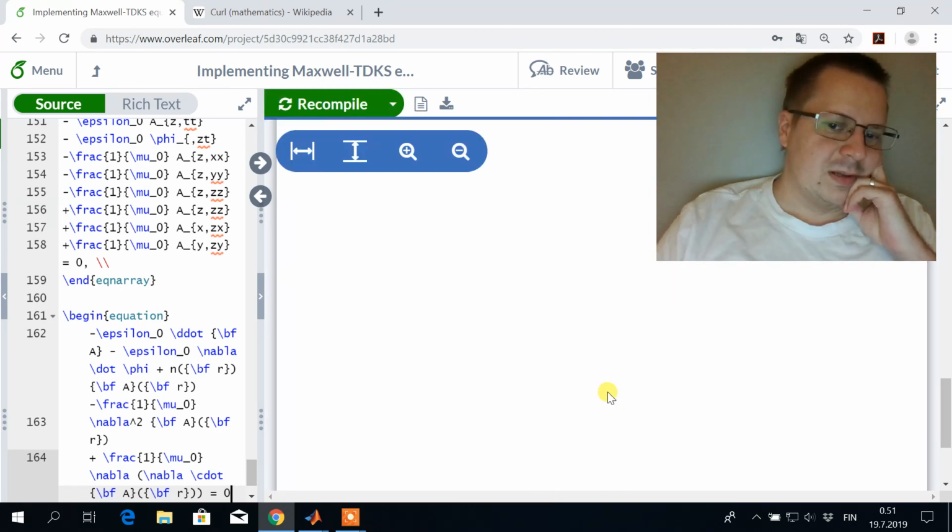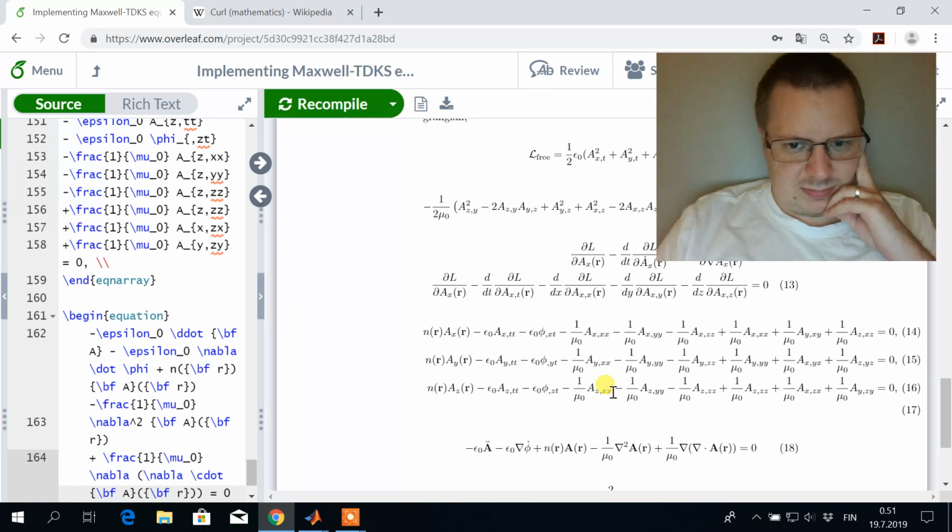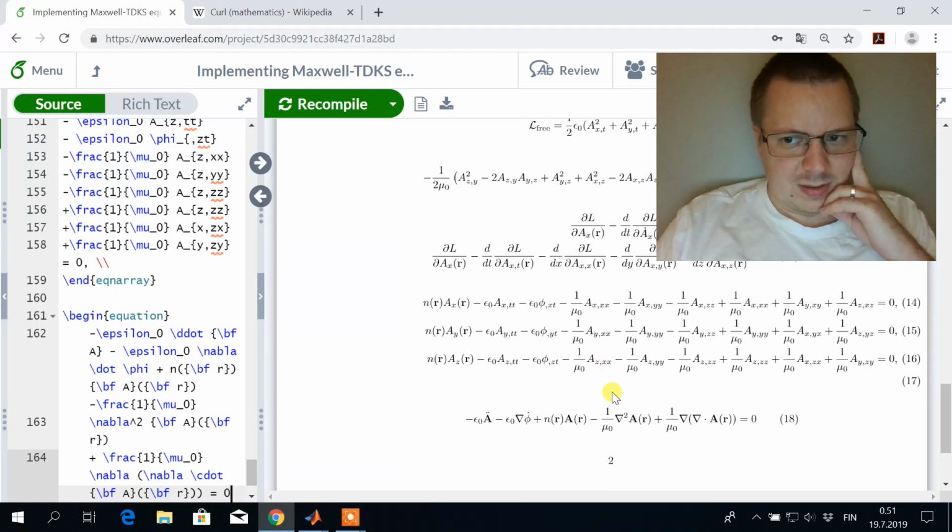And then we're still missing something, since we are missing the source terms from the current.